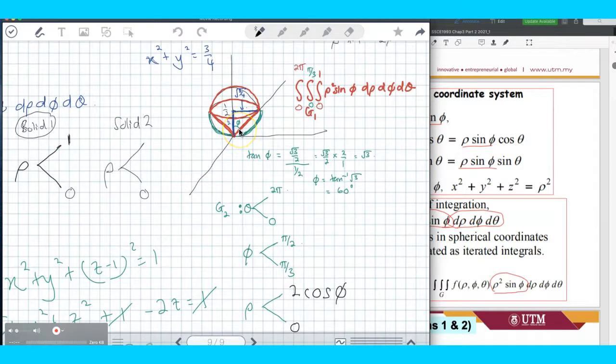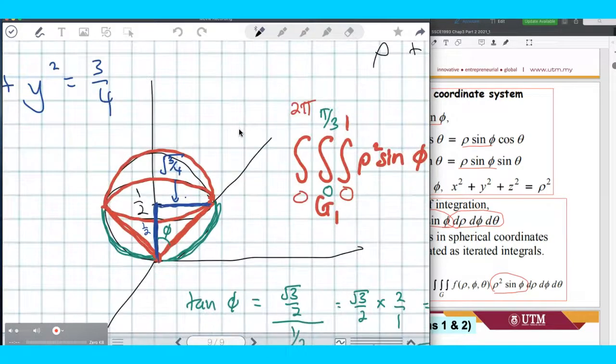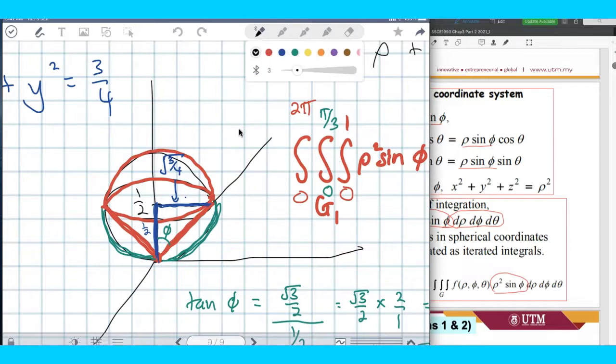So for G2 you should consider this one. Now this is your phi for G2. So from pi over 3, it touches the x-axis. When it is touching the x-axis, it should be 90 degrees.